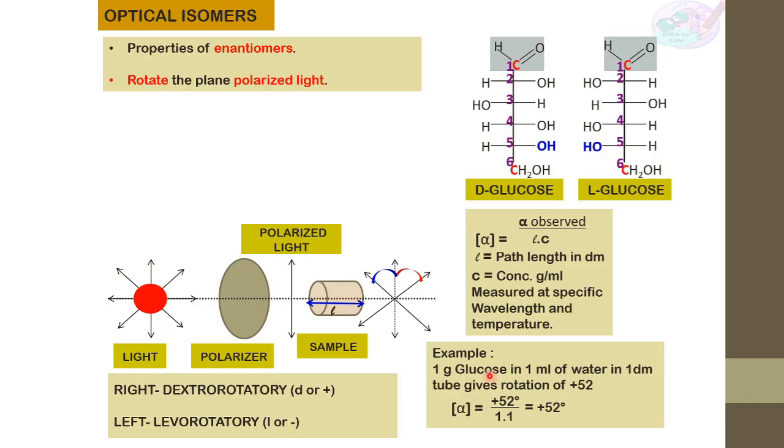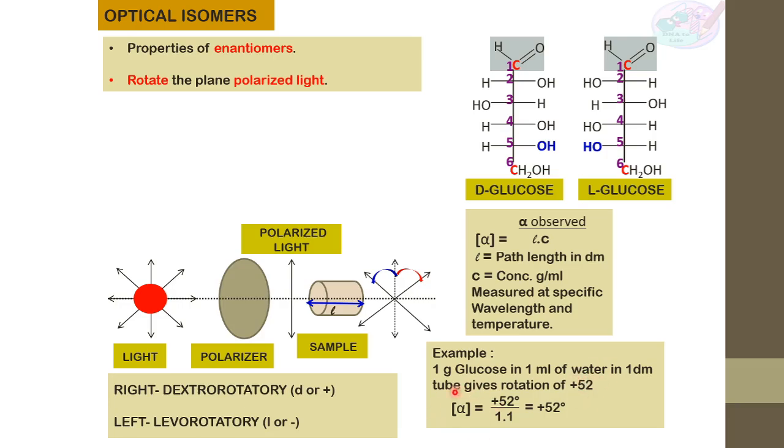So if you want to calculate the optical rotation of 1 gram of glucose dissolved in 1 ml of water and measured in a 1 decimeter tube, and it gives a rotation of plus 52, it means the value of alpha observed is plus 52.